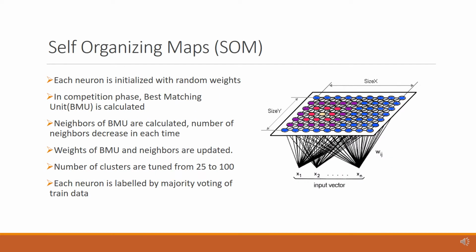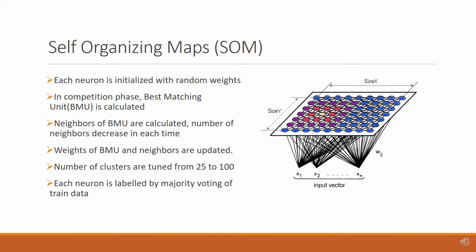Our second method is self-organizing maps. So this is basically another version of neural network, but here no backpropagation is implemented, so no gradient descent algorithm. Initially, each neuron will be assigned with some random weights, and there are basically three phases in SOM. In competition phase, best matching unit BMU is calculated, which is basically the neuron which is most similar to desired input.